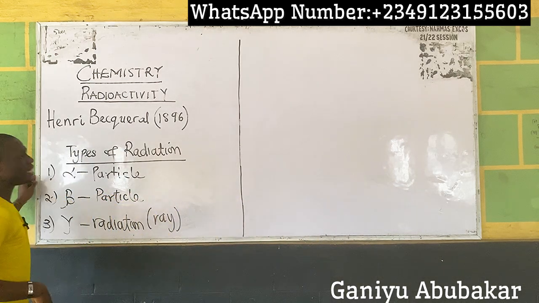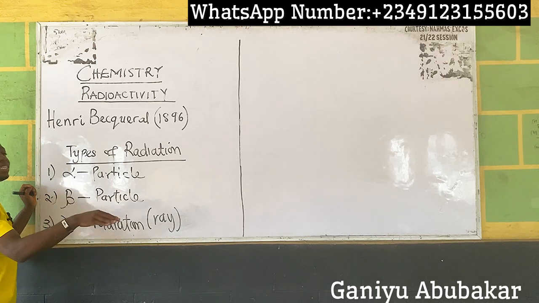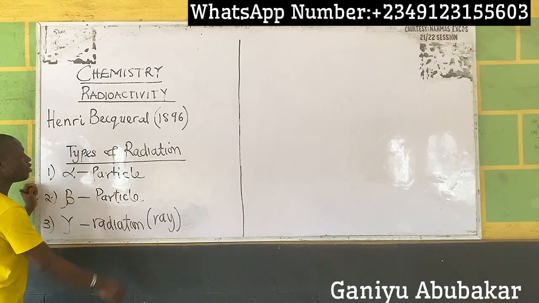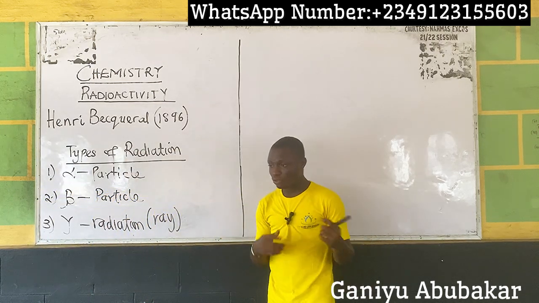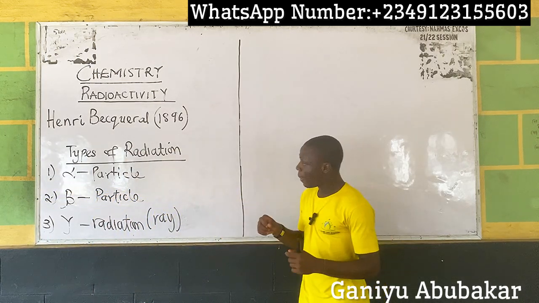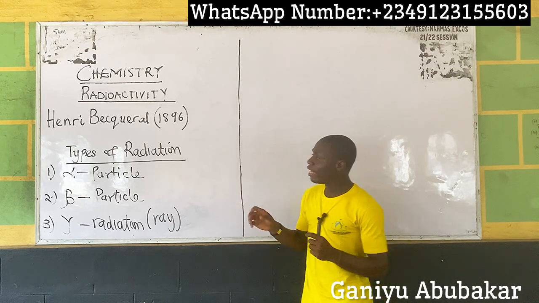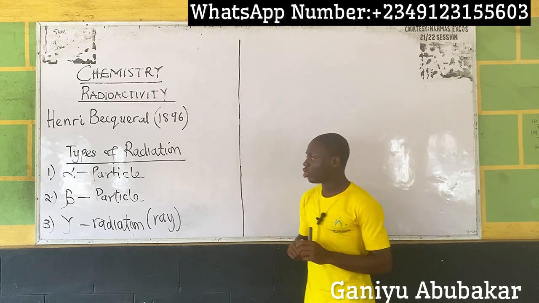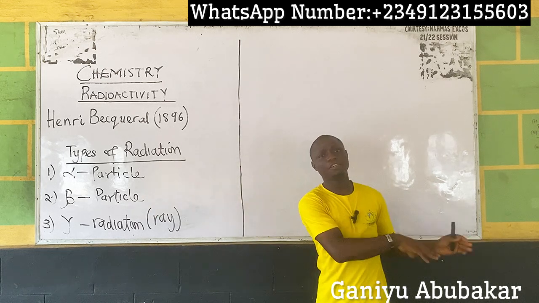Also, another thing to note is that alpha particles travel at the speed of light. Similarly, beta particles travel at the speed of light, and gamma ray also travels at the speed of light, right? We'll take a few diagrams illustrating these three radiations in terms of electric field and magnetic field.